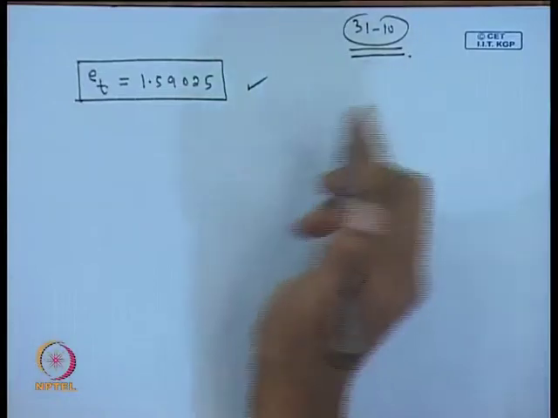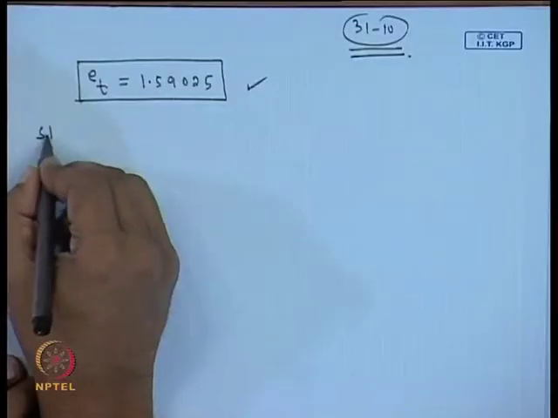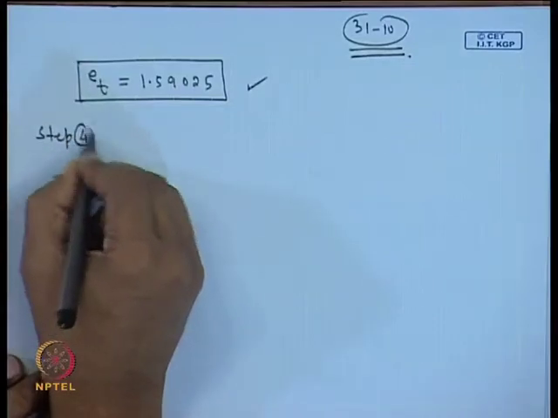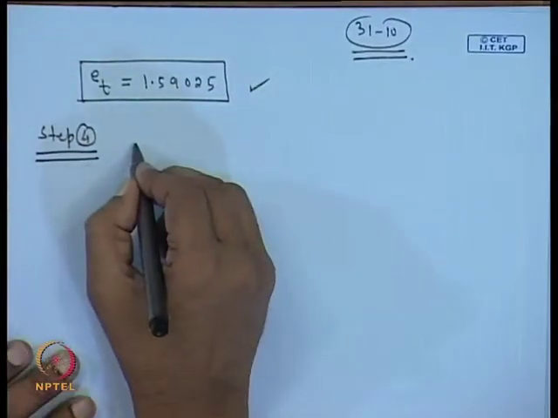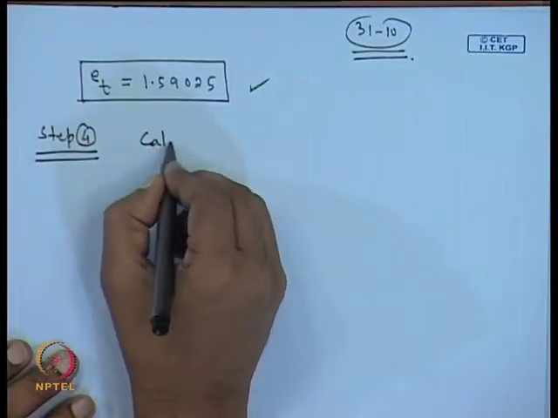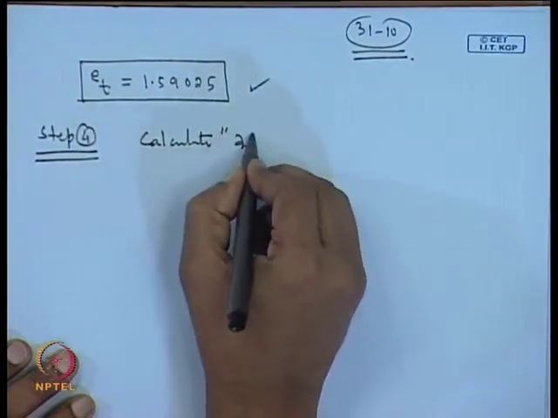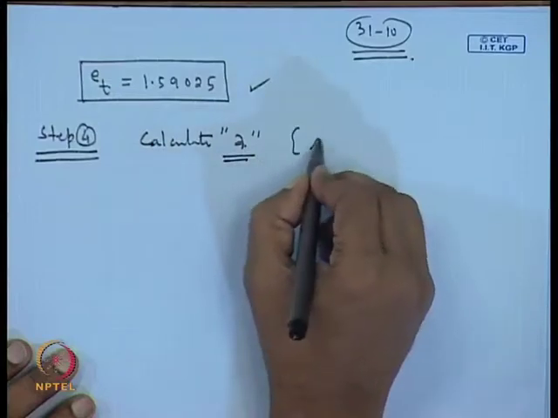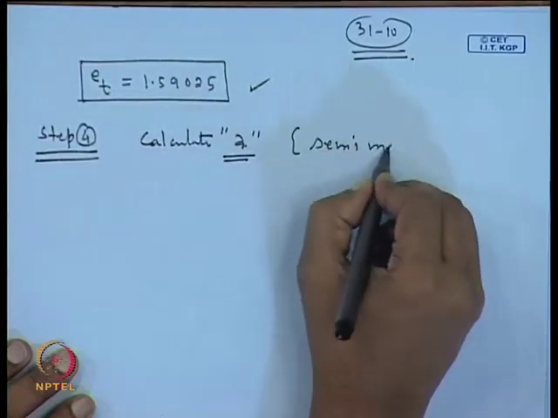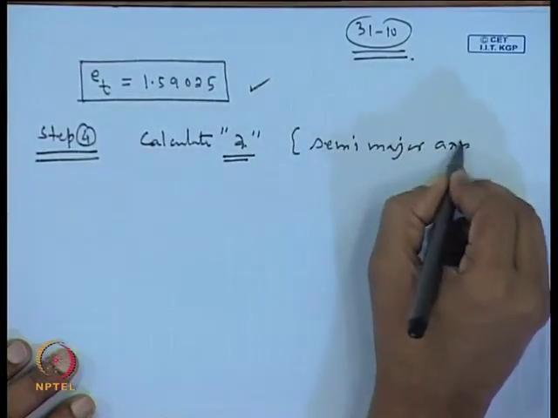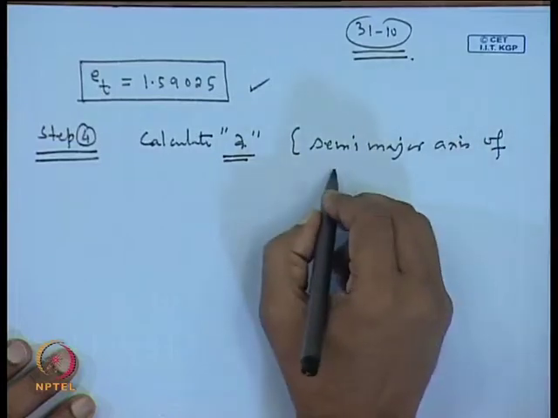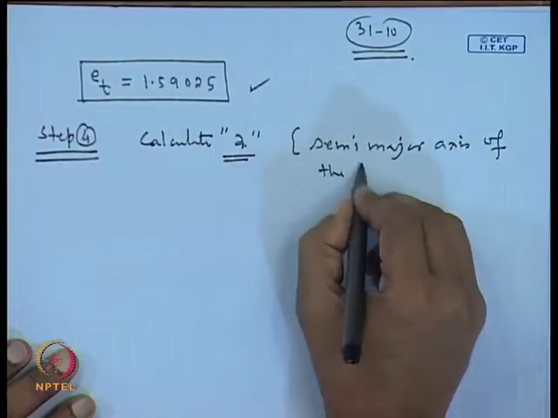Okay. Once we have done this, so the next step will be, this was step number 3. So, step 4, calculate A. This is the semi major axis of the transfer orbit.